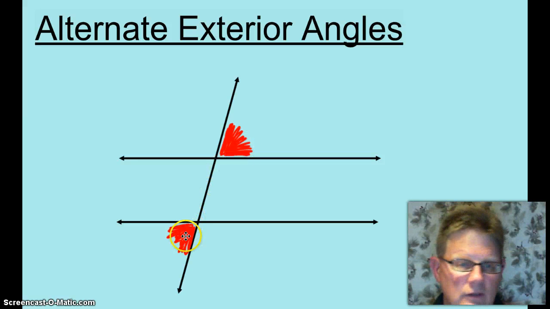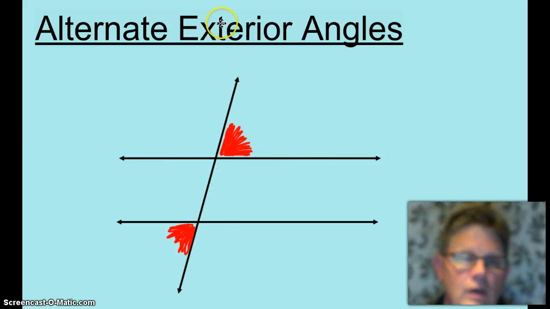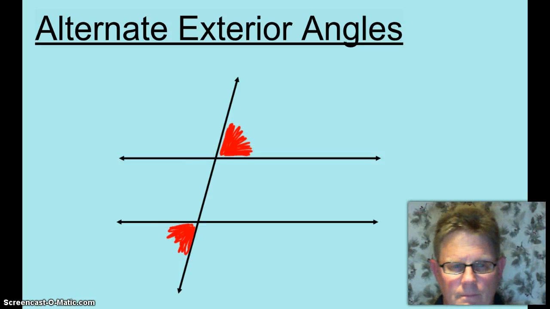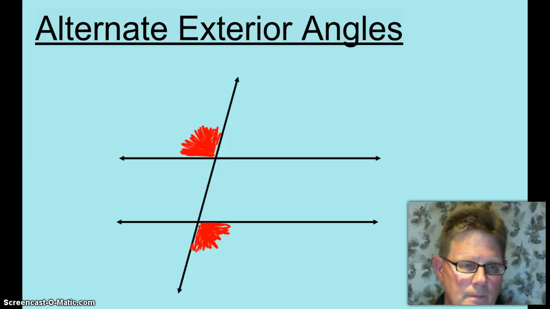This one's on the right side, this one's on the left side. They are outside the lines. Look, they're not between the lines here, but they're outside of the lines. That's why they're called exterior. Alternate exterior angles. And once again, these kind of look like bus flashers. Don't they? Those will be alternate exterior angles.